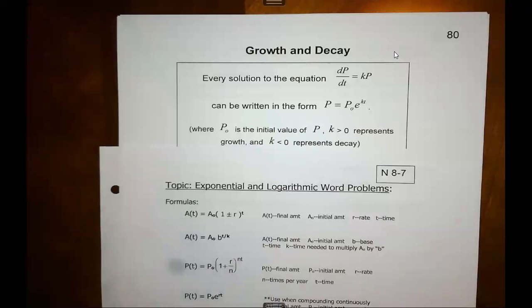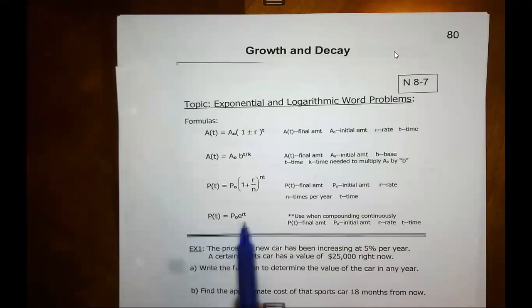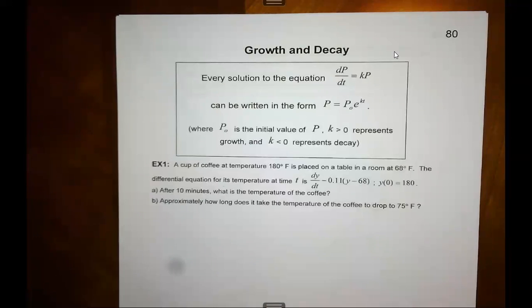And some of them required logarithms when we began to solve. But if you look at this one, this is the formula we're using today. So we're back full circle. This one was used when we had something that was compounded continuously. And so those were compound interest problems most of the time in pre-cal. Doesn't have to be money. It could be something else, as we'll find out today.